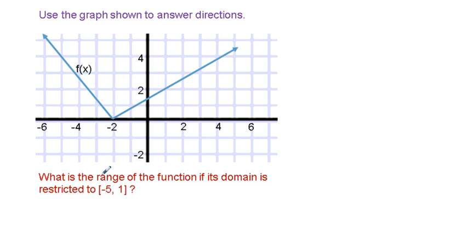And lastly, what is the range of the function if its domain is restricted to between -5 and 1? And so if we go on this graph here to -5, which is between -4 and -6, we're going to go right to here. That's one thing we're looking at. And this domain is restricted to 1.